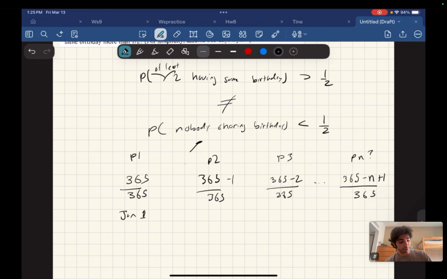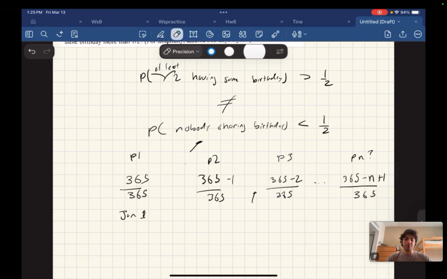And what's the operation in between them? What's the operation we use here? Well, it's saying the first person can have this many birthdays, and the next person after that can have one less birthday, and one less birthday, and one less birthday. When you have the "and" operation, what you do with the terms in between them is multiply them. When you have the "or," it's add. When you have the "and," it's multiplication.